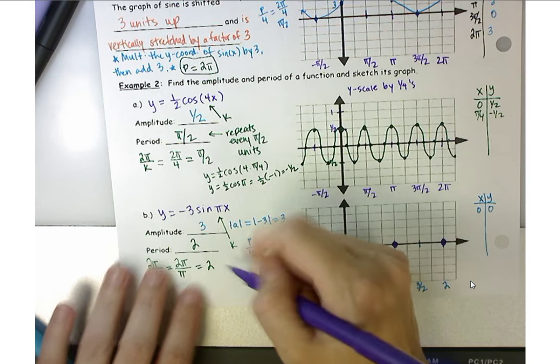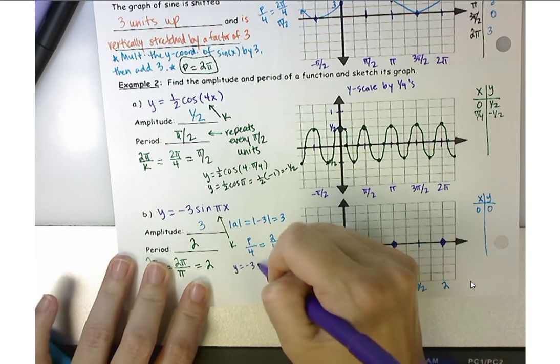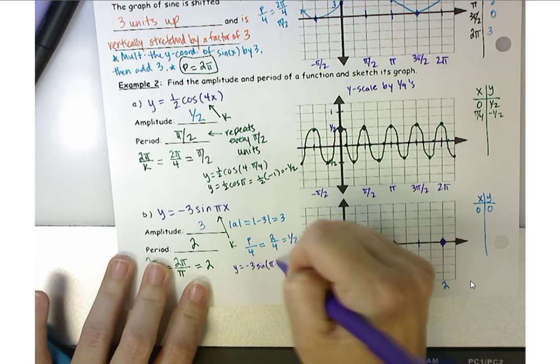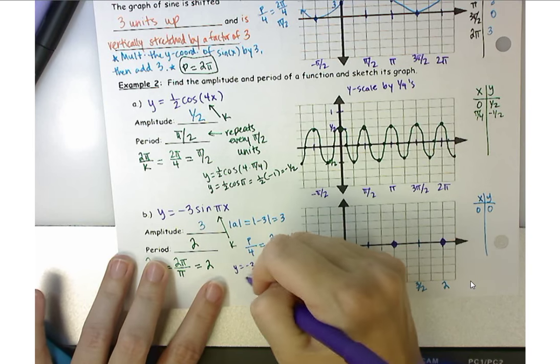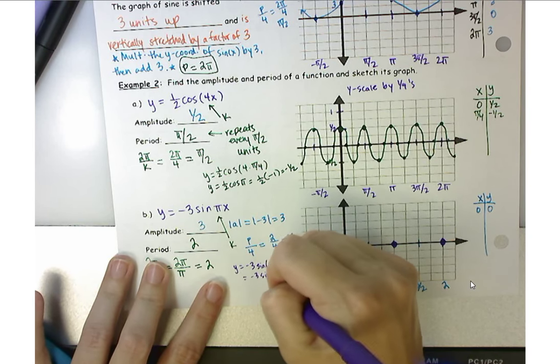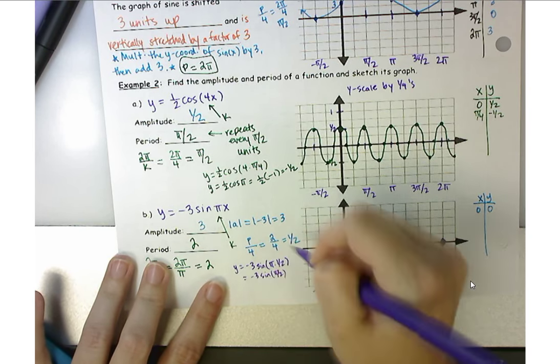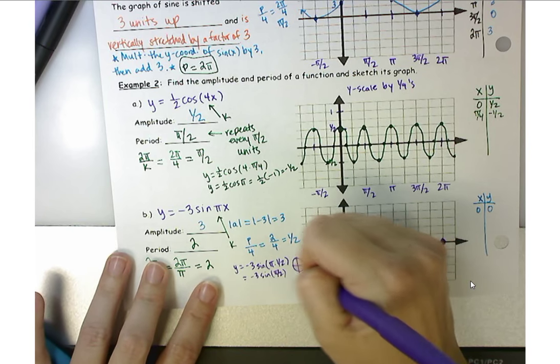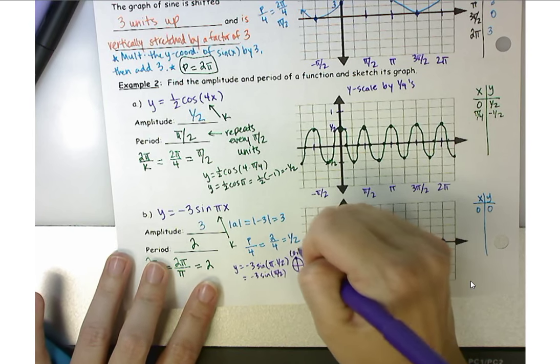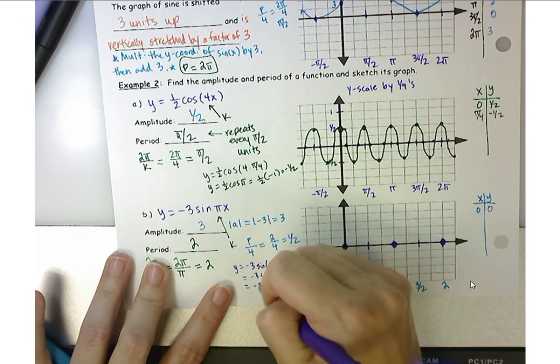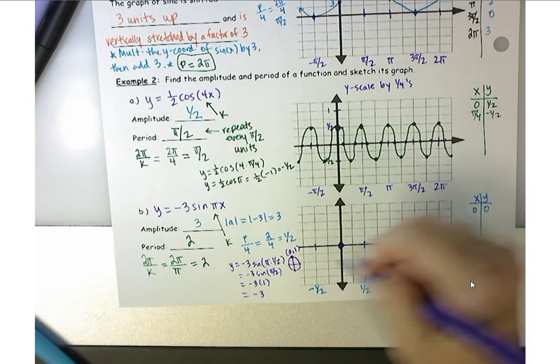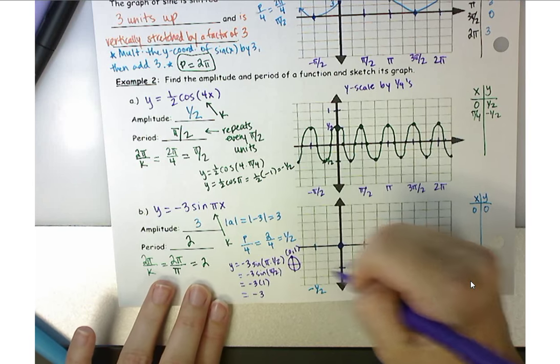So if I do -3 sine of pi times 1/2, pi times 1/2 is just what? Pi over 2. If I think of my unit circle, at pi over 2, the point is (0, 1), which means the sine value is 1. -3 times 1 is -3. So 1, 2, -3.